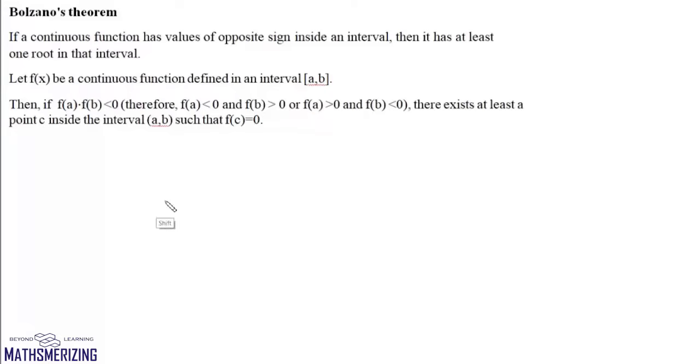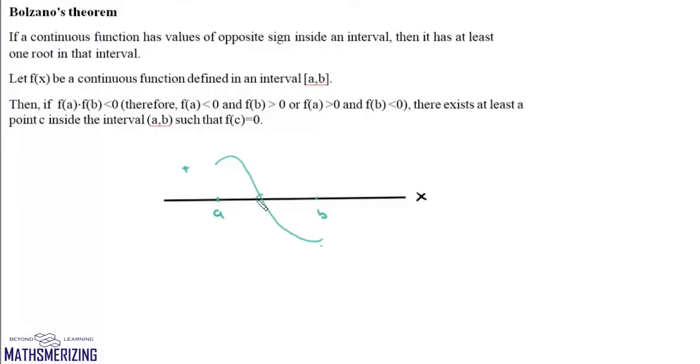So suppose this is our x-axis and we have 2 points A and B such that the values of the function at A and B are of opposite sign. Now case 1, when f(a) is positive and f(b) is negative. Since the function is continuous, when it goes from A to B, it will take all the values between f(a) and f(b).